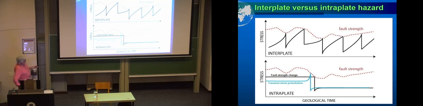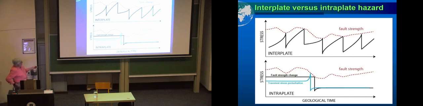Whereas the intraplate paradigm that they are proposing is that there are 2 possible causes. One is fault strength, as you can see, they've drawn fault strength as being a variable thing with geological time. So it's the fault strength that is changing, that there are things that are happening in the crust that change the strength of certain zones of ancient weakness.